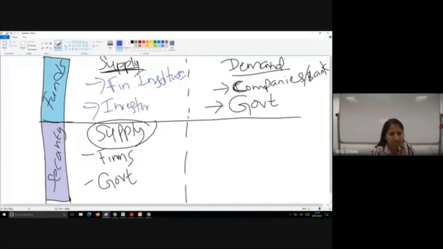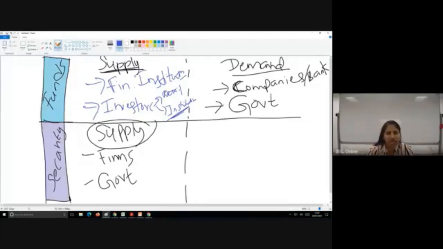Now these investors can be retail or can be institutional. These are the entities who will supply you the funds. Okay, you want funds, I will give you money.